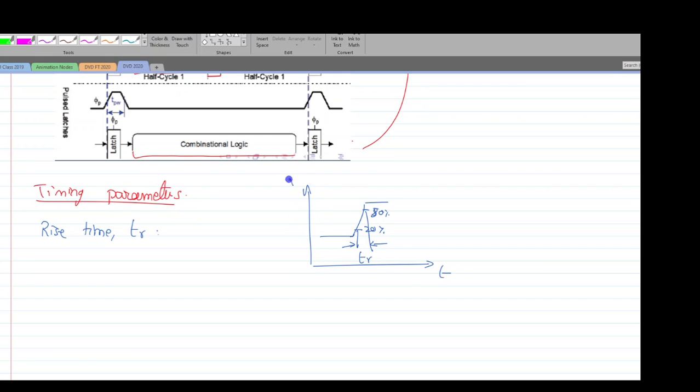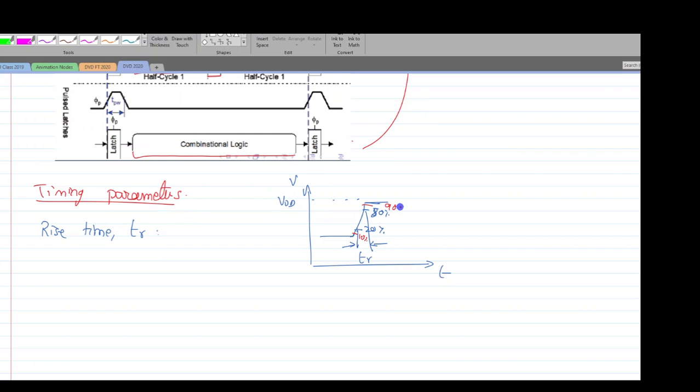This is with respect to time, and there is a change in the voltage level. So this is my voltage axis. How long it takes for me to move from 20% of its final value, which mostly would be equal to VDD, to 80% of the final value, is what is defined as TR. Sometimes TR can also be defined the other way, from 10% to 90%.